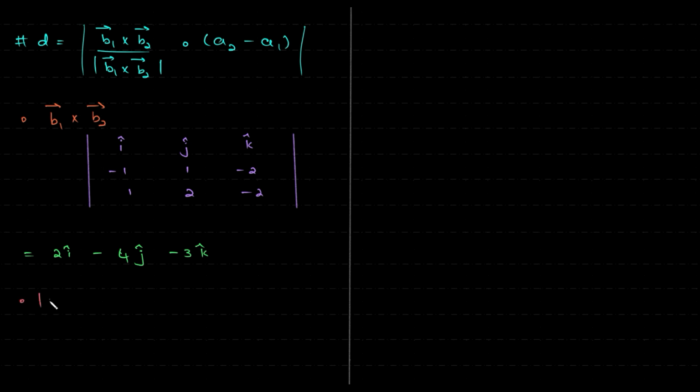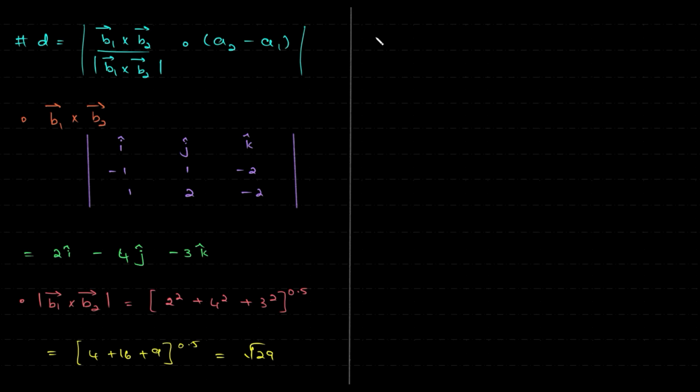Now we have the magnitude of this. That would be 2 square plus 4 square plus 3 square, to the power of half. So that would be 4 plus 16 plus 9, which is clearly 25 and 4, so 29: root of 29.